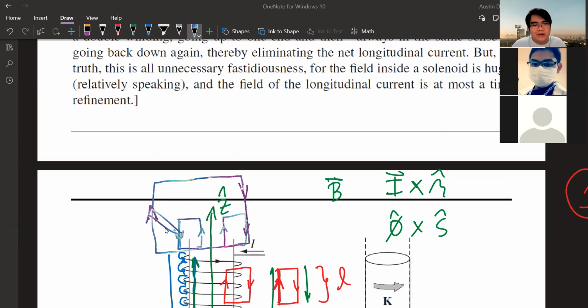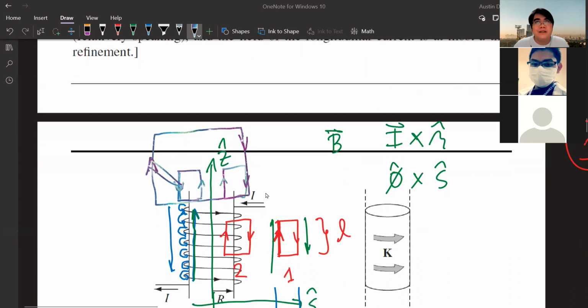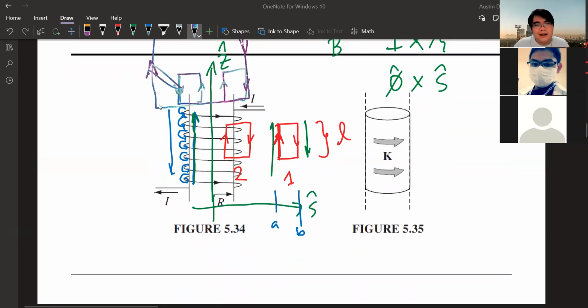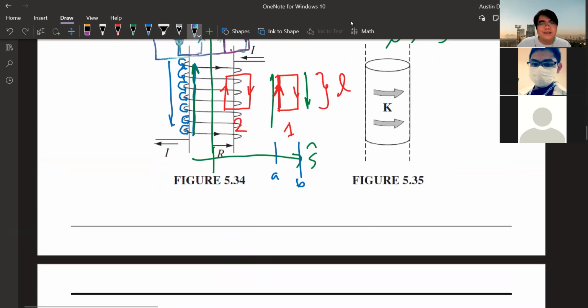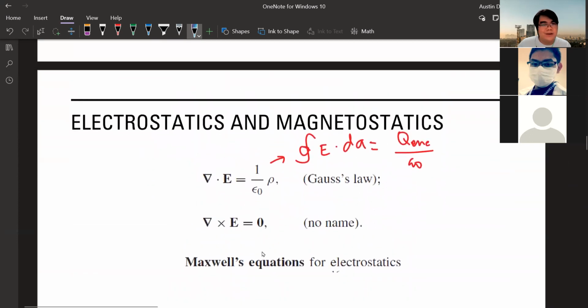Kasi kung nangyayari to, parang in my experience, they would always zero out outside. Pag ganyan yung nagko-coincide yung mga Amperian loop. Okay? Sa inside kasi, titingnan nyo, kahit anong loop gawin mo, makukuha mo na upward inside yan. Kaya hindi siya nag-vanish inside. Okay? So, you have to make sure. Ayun yung point.